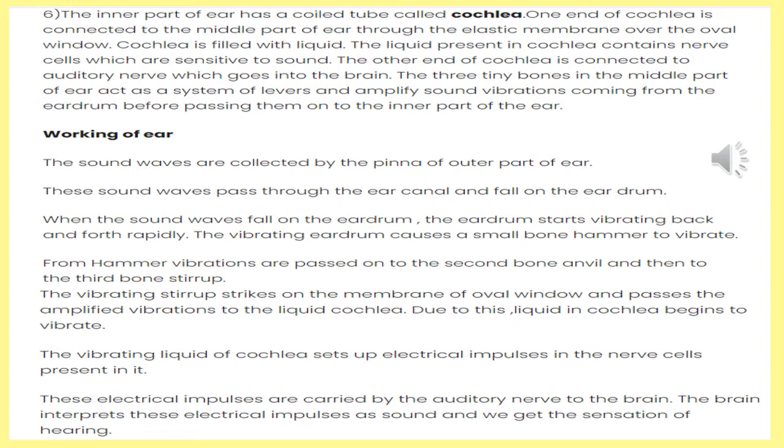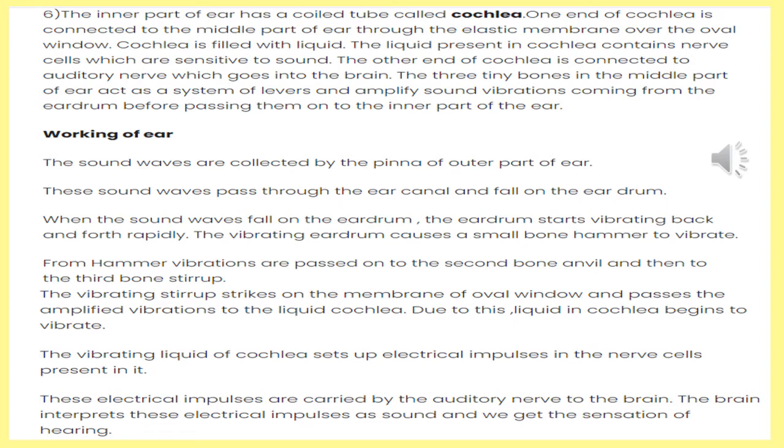This is a kind of vibratory motion. The vibrating eardrum causes the small bone hammer to vibrate. From the hammer, the vibrations are passed onto the second bone, anvil, and from the anvil to the third bone, stirrup.